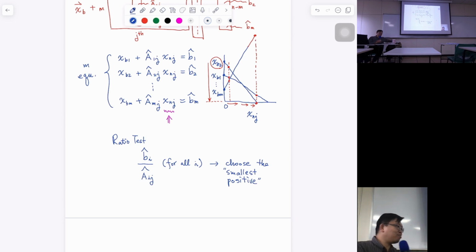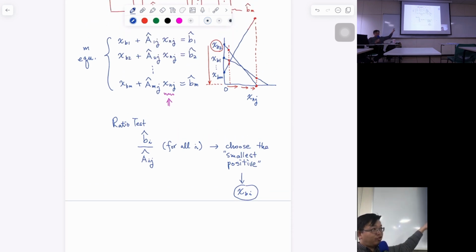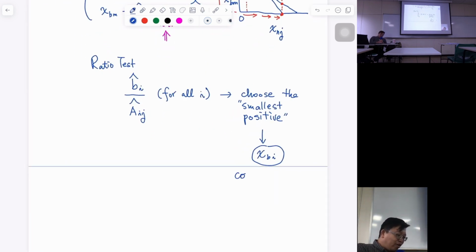You can play with it later on. So we choose the i component, pick this b_i that has the smallest positive ratio. Then that one will be converted from basic to non-basic.